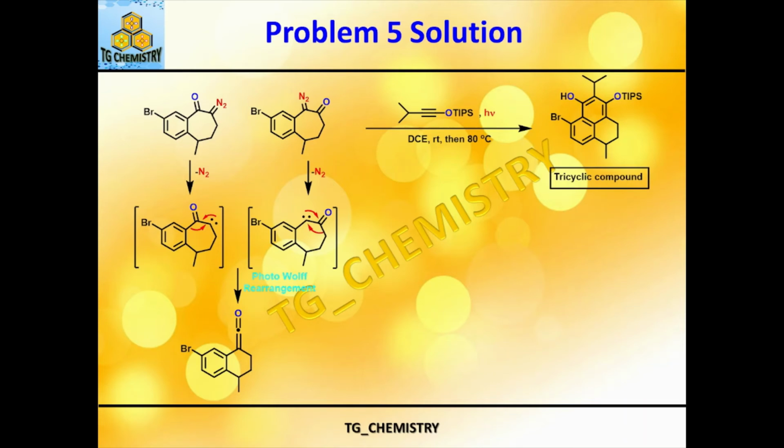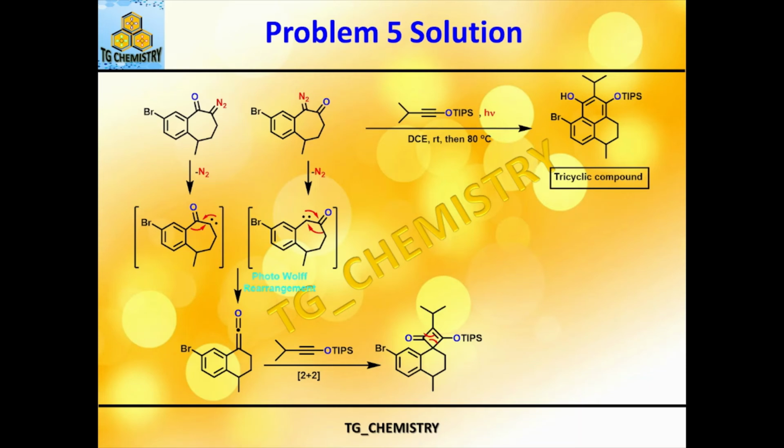Then this will go through a 2+2 cycloaddition reaction with the substituted alkyne system, and ends up with a six-membered fused spiro cyclobutenone ring structure, which is substituted with the isopropyl group and the triisopropylsilyl ether group on the olefinic part, of course.